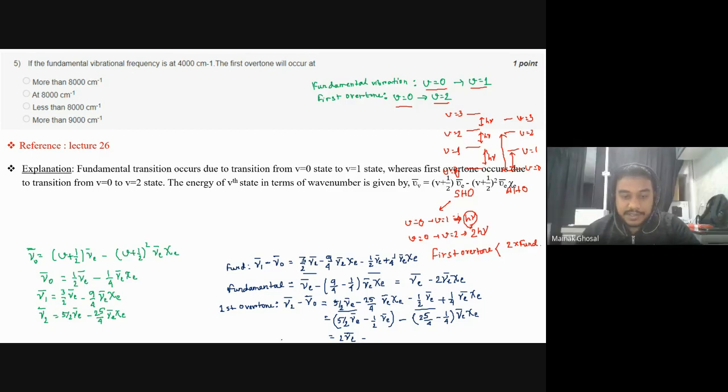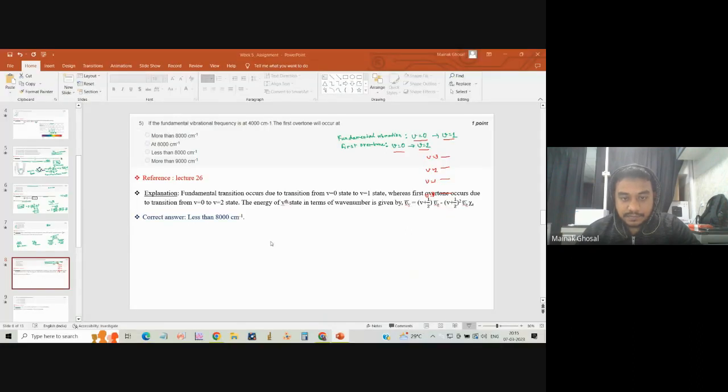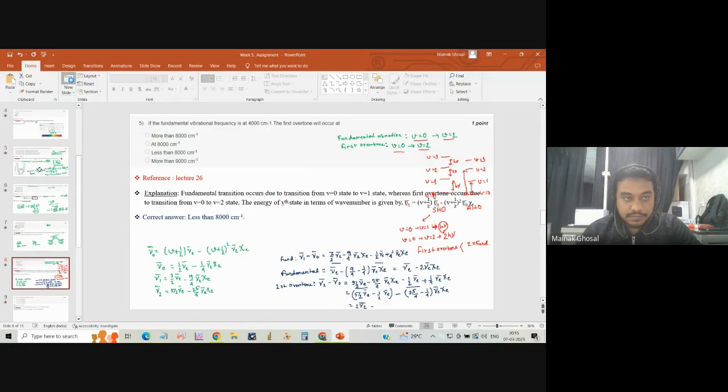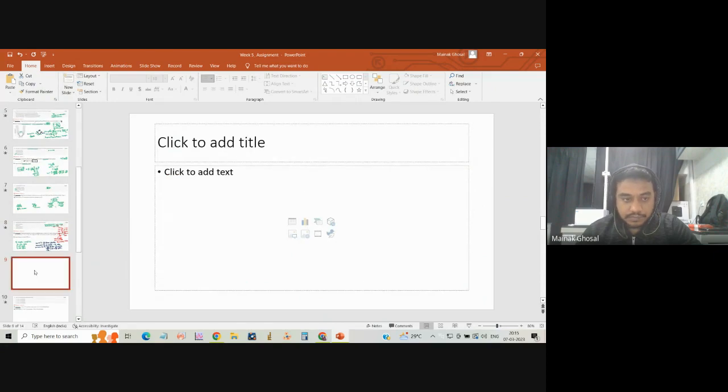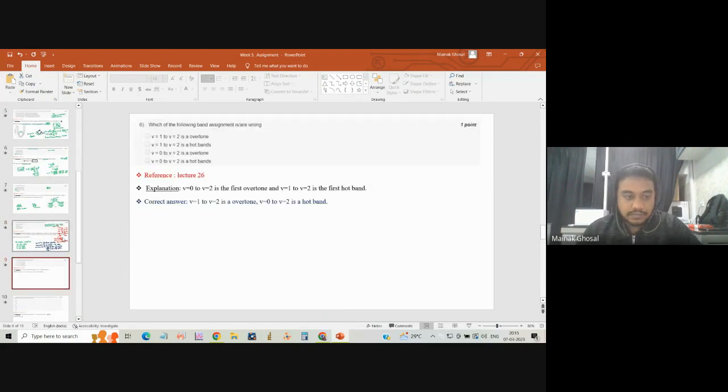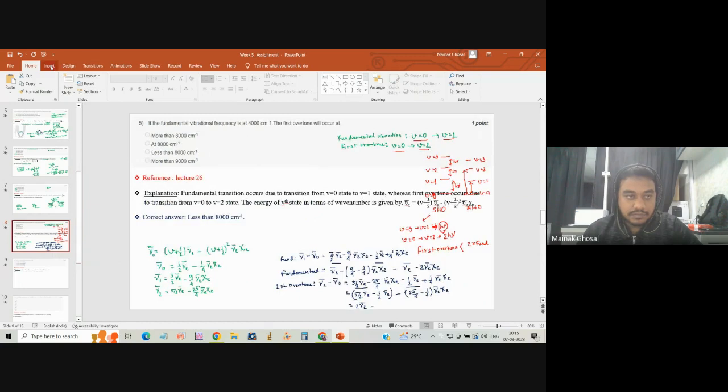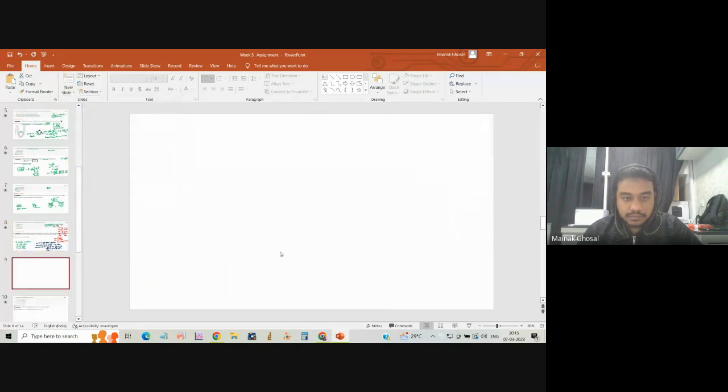Okay, I will take another page. That will be good for you, I think. So what I have told you is that for the fundamental transition, I'm just reading the expression.